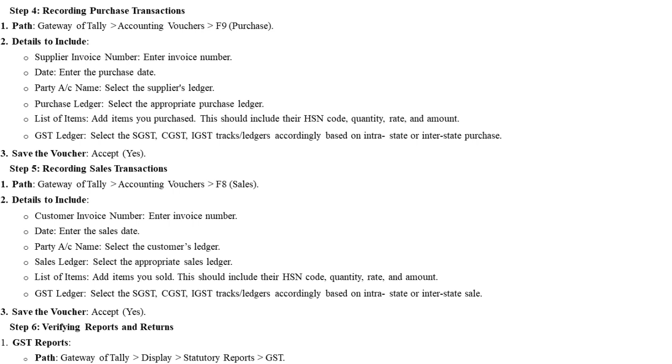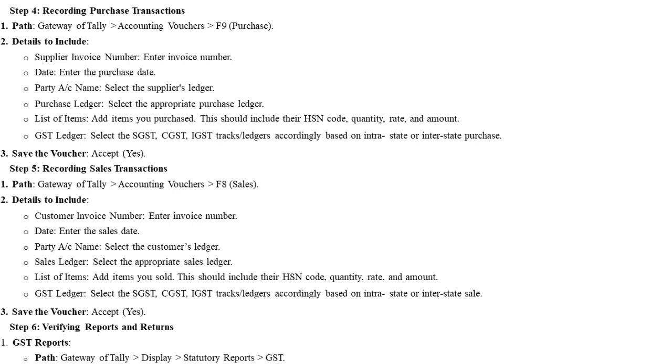Step 4. Recording purchase transactions. 1. Path: Gateway of Tally, Accounting Vouchers, F9, Purchase. 2. Details to include: supplier invoice number, enter the invoice number; date, enter the purchase date; party account name, select the supplier's ledger; purchase ledger, select the appropriate purchase ledger; list of items, add the items you purchased.